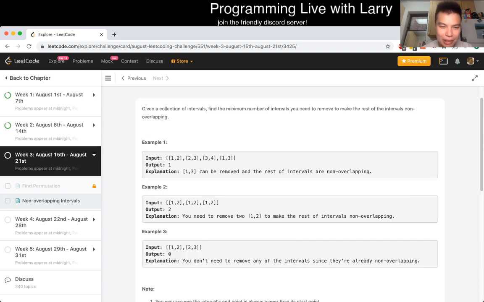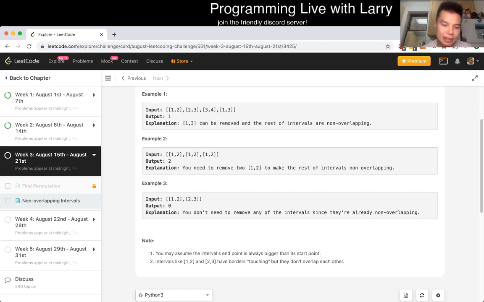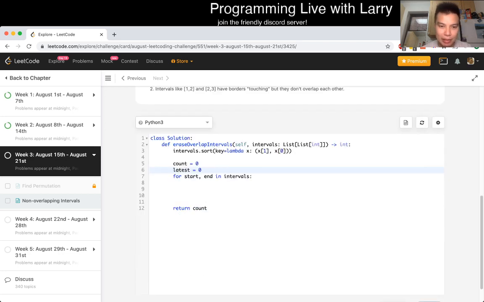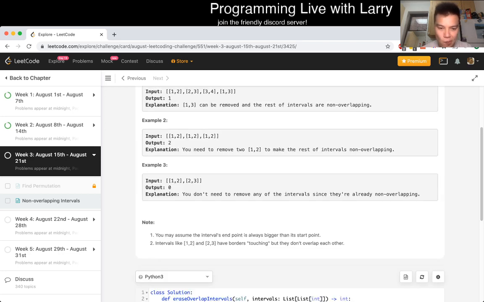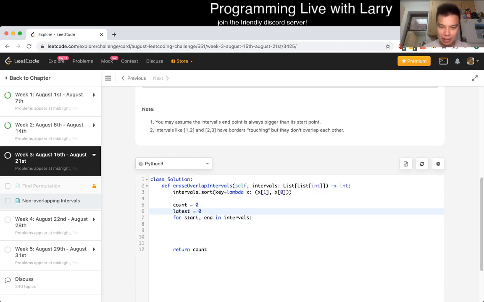I'm just looking to see if there are any constraints of negative numbers. I guess it could be. So let's do negative infinity or just a negative big number.